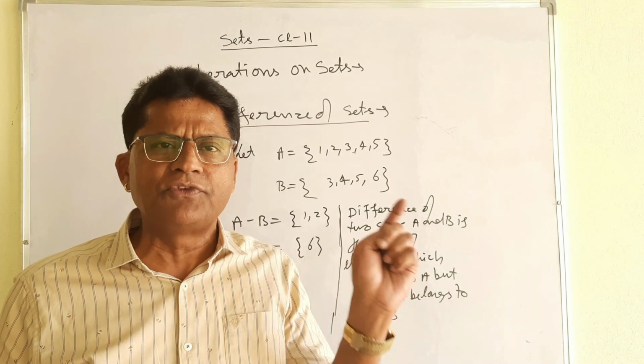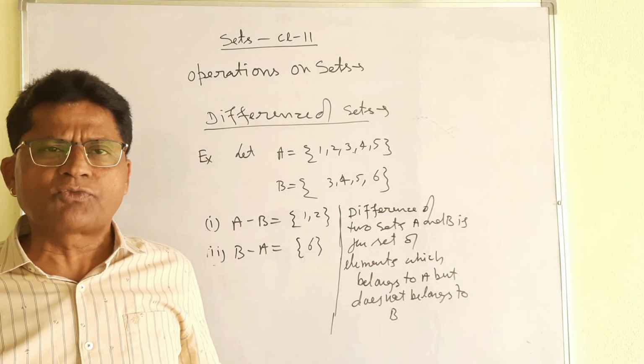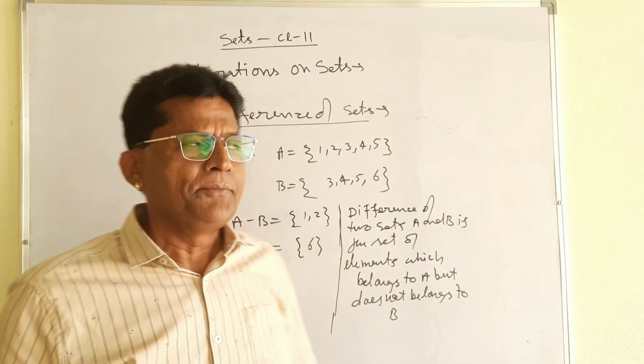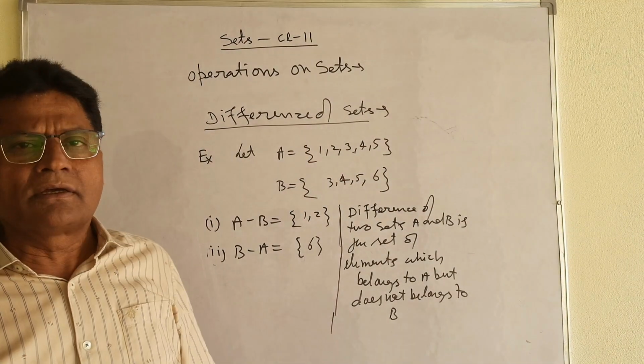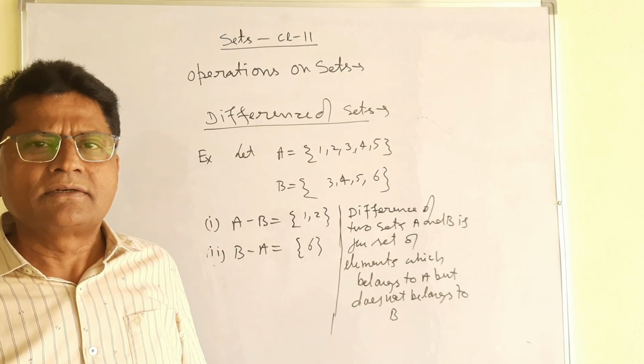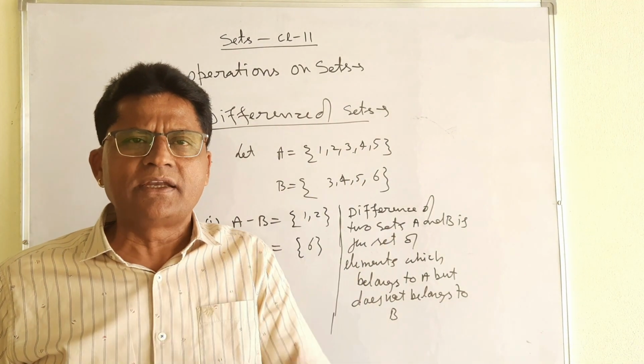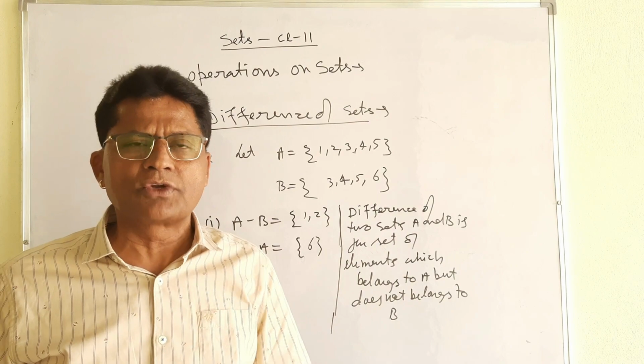Frequently you will find questions from this exercise in different types of examinations. That is why, by practicing these definitions, if you start solving the questions, there will not be any difficulty in finding the solutions.